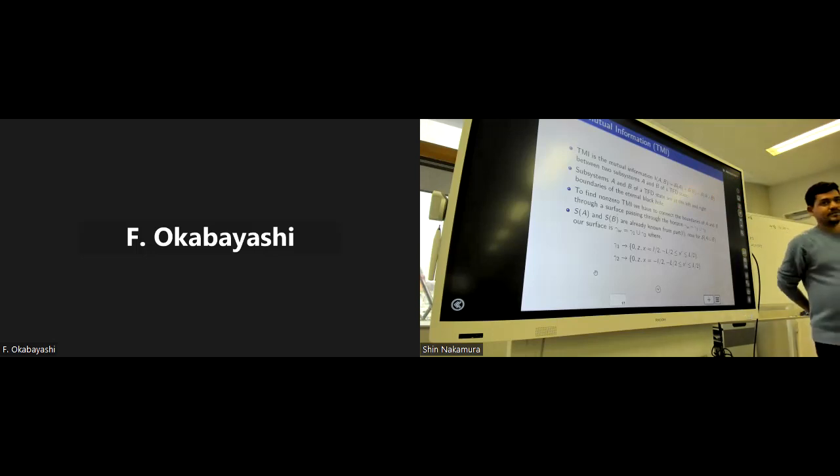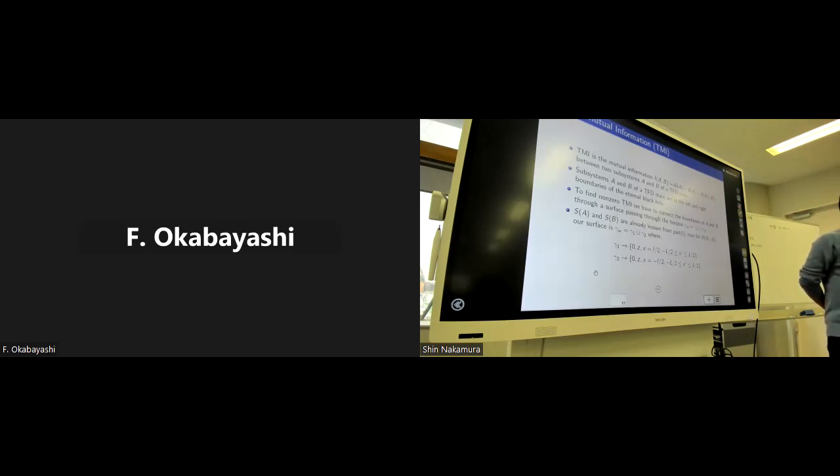Suppose that A and B are completely independent of each other. Then the entropy of the total system should be just a summation of the entropy of A and the entropy of B. Then I should be 0, right?